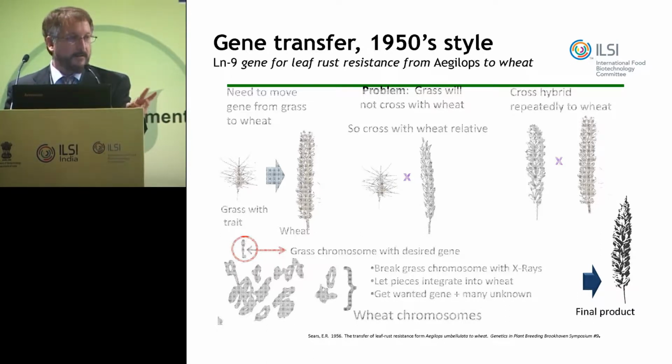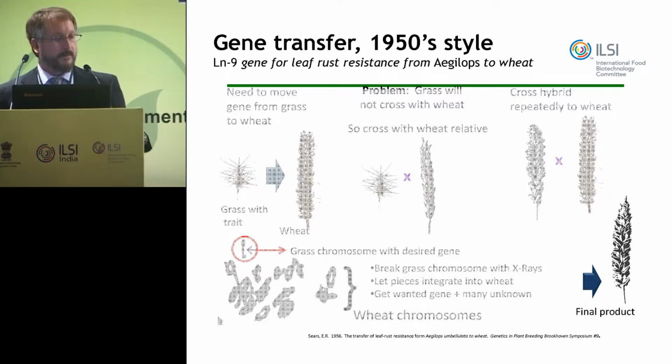If the trait is not there, Dr. Rao alluded to the mutagenesis from the Atomic Agency. Sometimes they'll try to get the variability that way, but ultimately, if it's not there, they have to find it somewhere else.